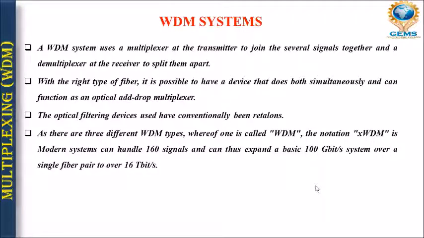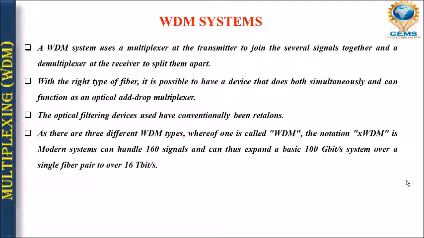There are different types of WDM, that is wavelength division multiplexing. Some is known as simple WDM. The notation WDM is also known as XWDM, and it is basically a modern system which can handle nearly 160 signals with a speed of 100 gigabits per second.